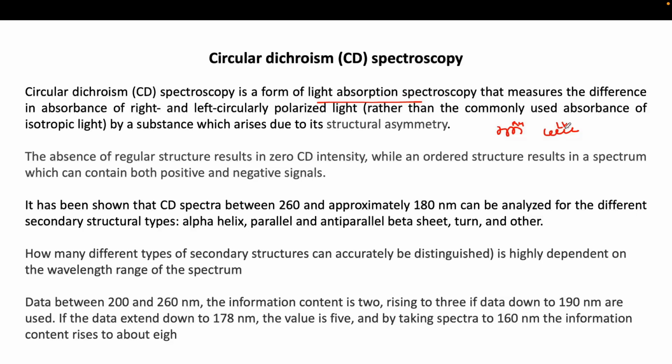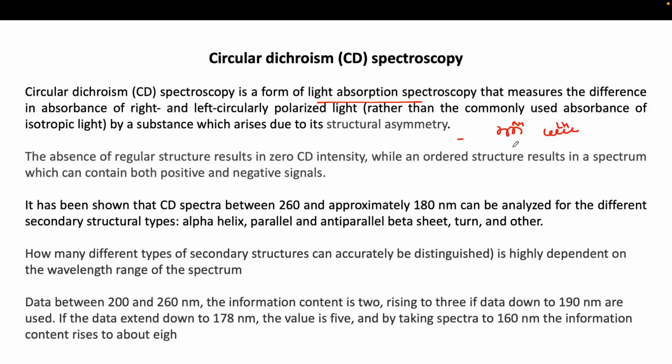Okay, and the percentage of light rotated in the right handed direction versus the percentage rotated in the left handed direction, that difference is measured by the circular dichroism spectrophotometer, and based on this property it can identify the tertiary structure as well as the secondary structure of the protein.